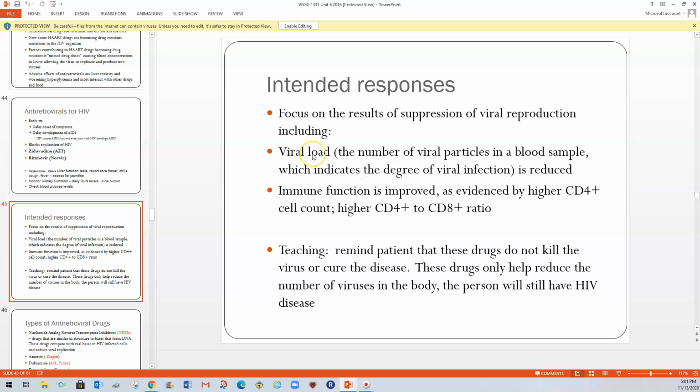The viral load is what they're looking at, the number of viral particles in a blood sample. Immune function, and remind the patient that these drugs do not kill the virus or cure the disease. They only help reduce the number of viruses in the body. The person will still have HIV.